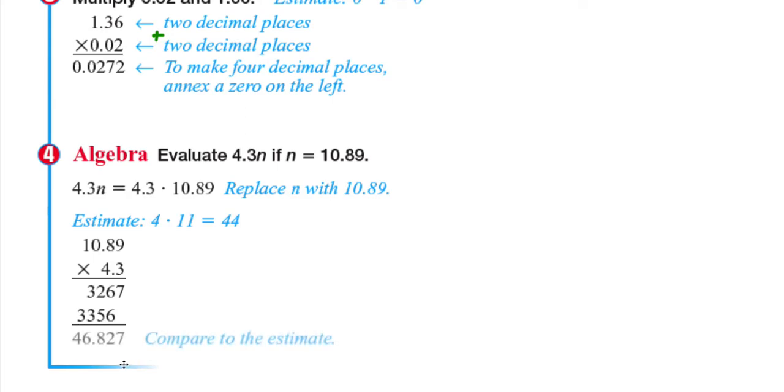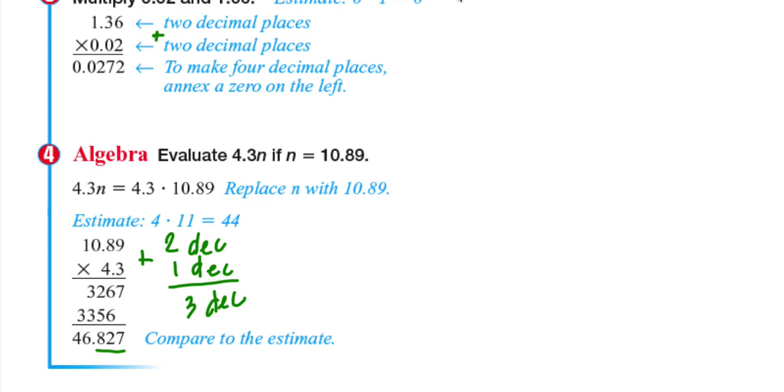Add them all up, end up with 46.827. Why is that? Because you have 2 decimal places here, 2 decimal places here, plus 1 decimal place. Your answer should end up with 3 decimal places. And there you have it, 3 decimal places.